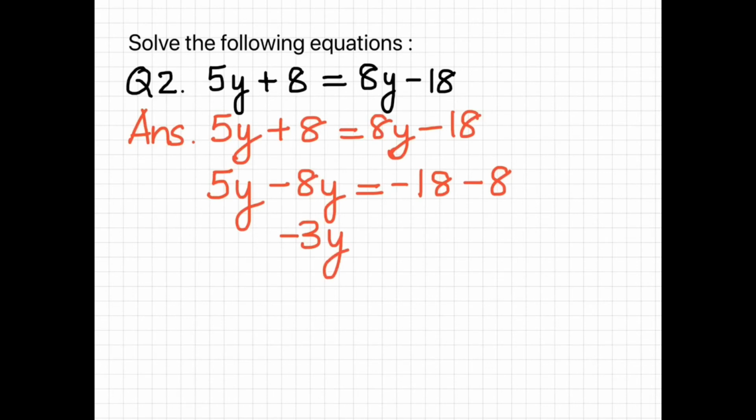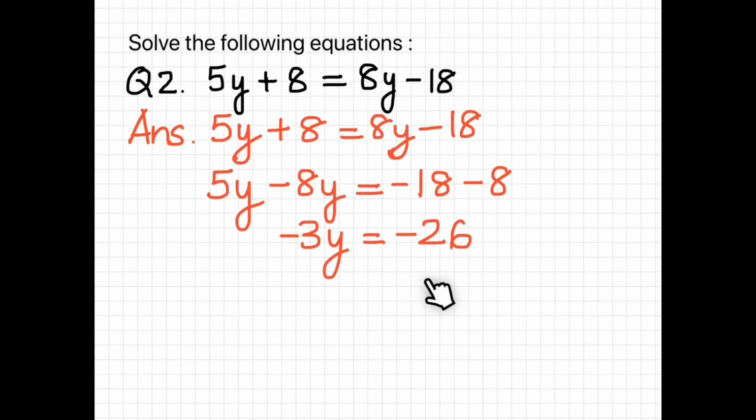This is equal to minus 18 minus 8 gives minus 26 on the right hand side. Since we need to find the value of the variable, we need to get rid of minus 3 from the left hand side. So let's transpose minus 3 to the right hand side.